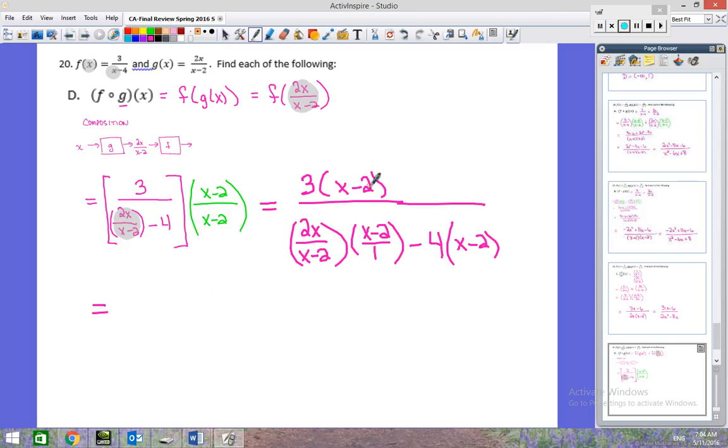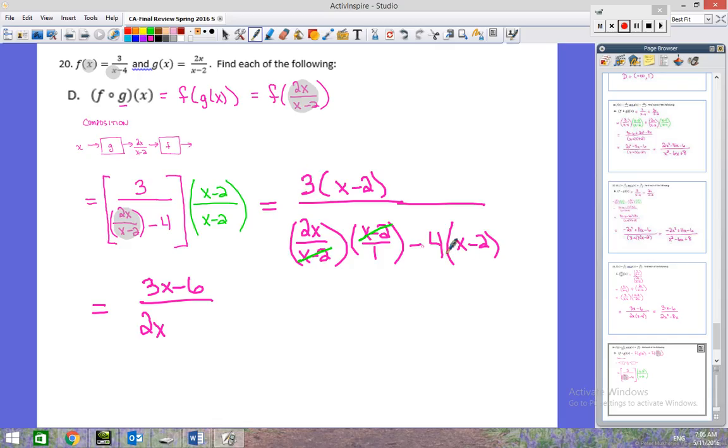Alright, so let's distribute in the numerator and get 3x minus 6. Here, hopefully you can see that x minus 2 divided by x minus 2, because this is multiplication, I'm not canceling the individual x and then the negative 2. I can't cancel terms, but this factor of x minus 2 divided by x minus 2 is equal to 1. So what I'm left with in this first term is just 2x.